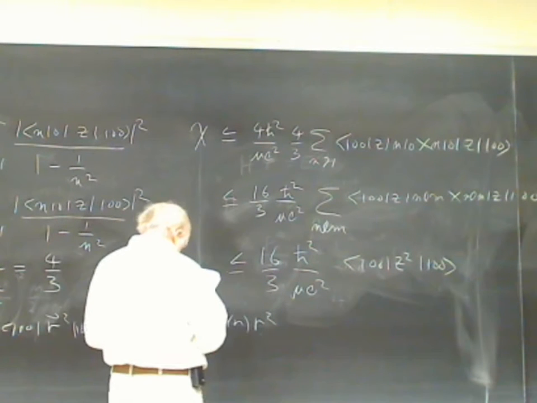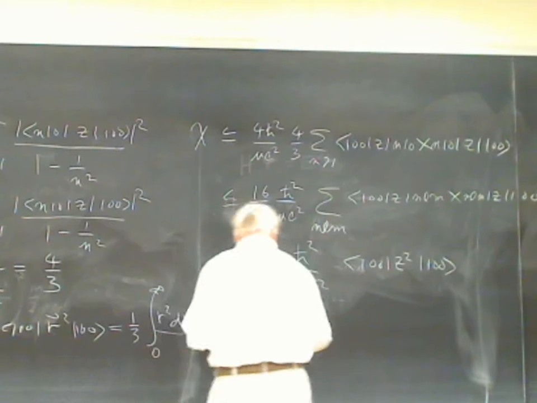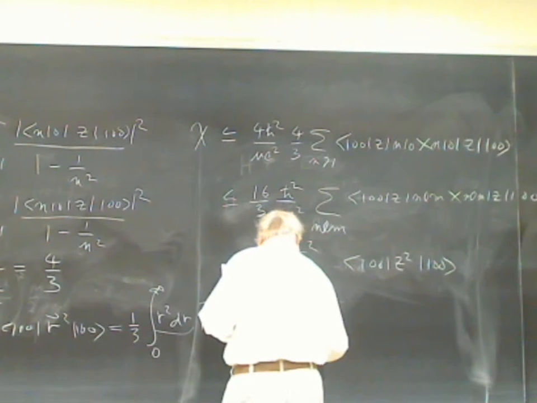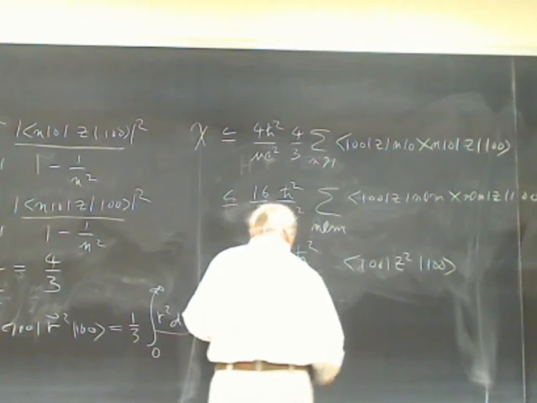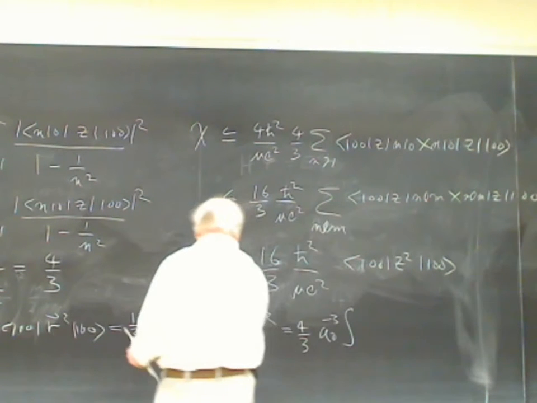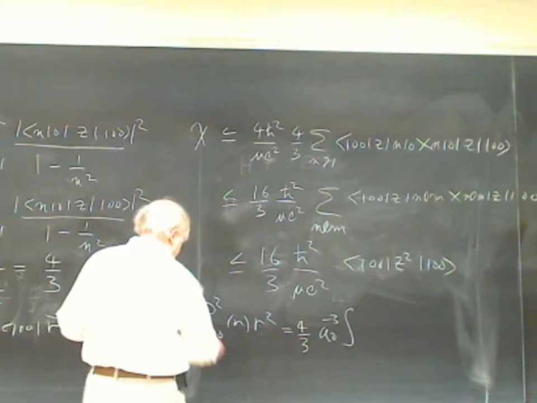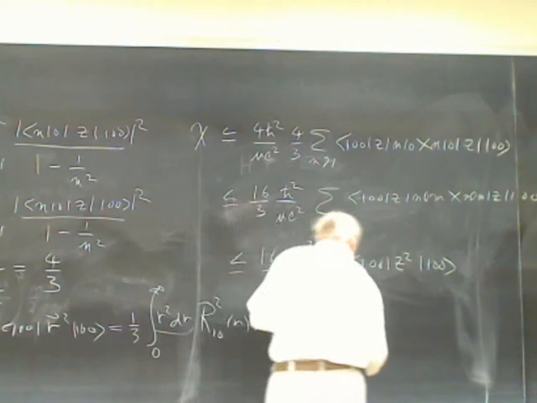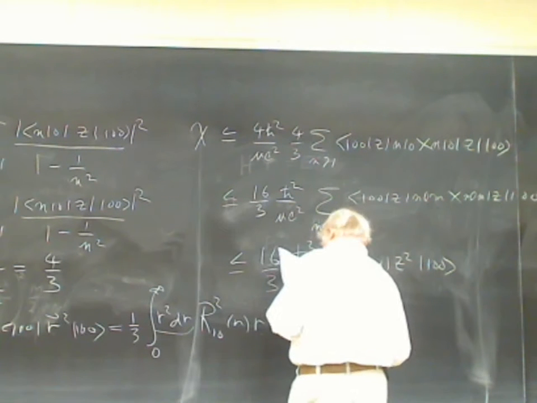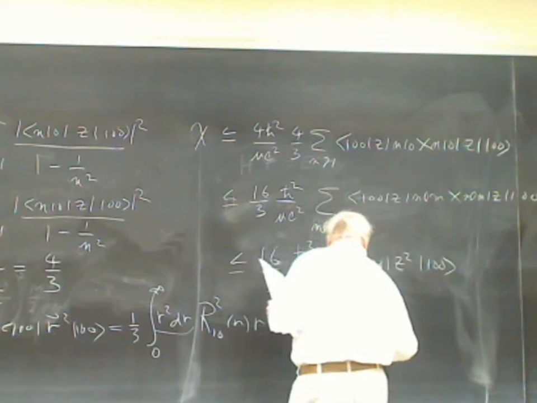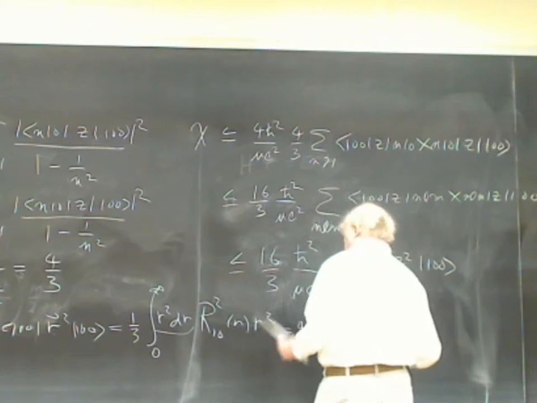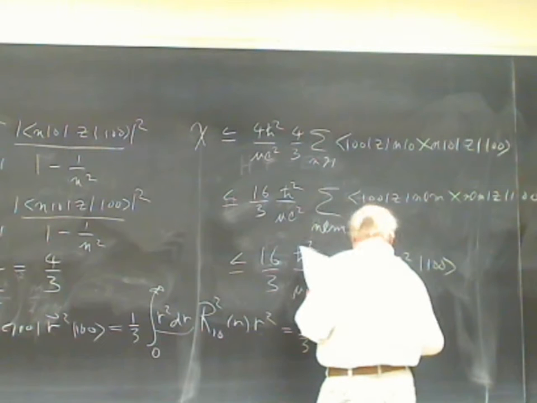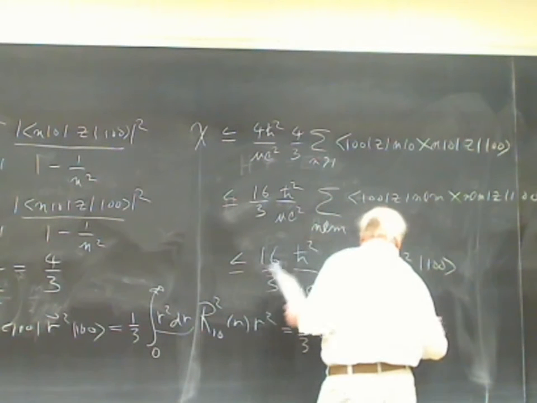And that is equal to 4/a0 cubed, the Bohr radius to the minus 3 power. That comes from the normalization of R10. Integral 0 to infinity, dr, r to the 4th, and then this R10 squared, which contributes e to the minus 2r over a0.